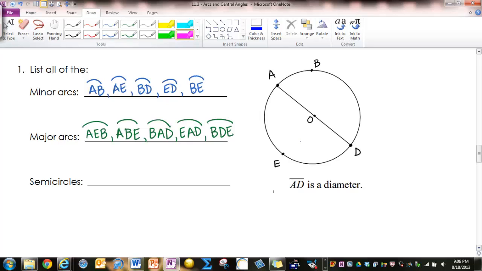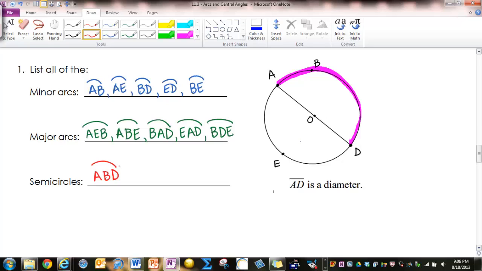Now our semicircles we find by looking at our diameter, segment AD, and we go from A to D around this way of the circle, and that gives me a semicircle, arc ABD, and remember we use three letters to describe semicircles.